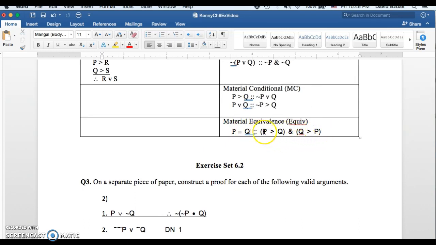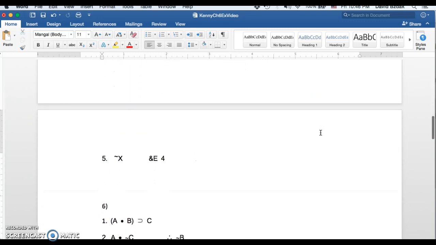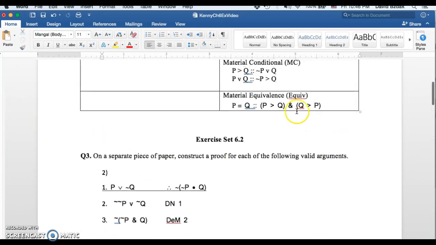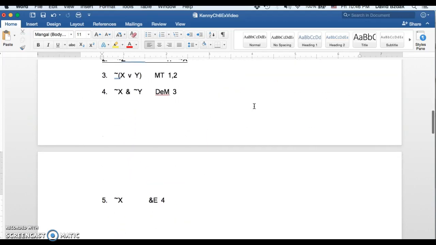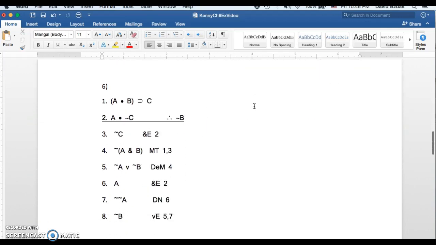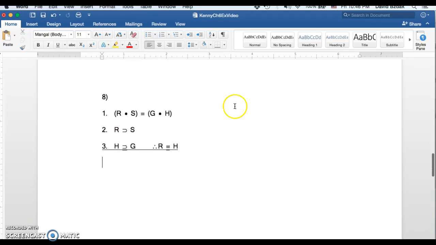So what we can do is derive each of these conditionals using conditional introduction and then put them together into a conjunction and use the material equivalence rule. That's one way. Or if you remember back to the biconditional introduction rule, it was very similar as far as getting two conditionals and then putting them into the biconditional. So let's try that.